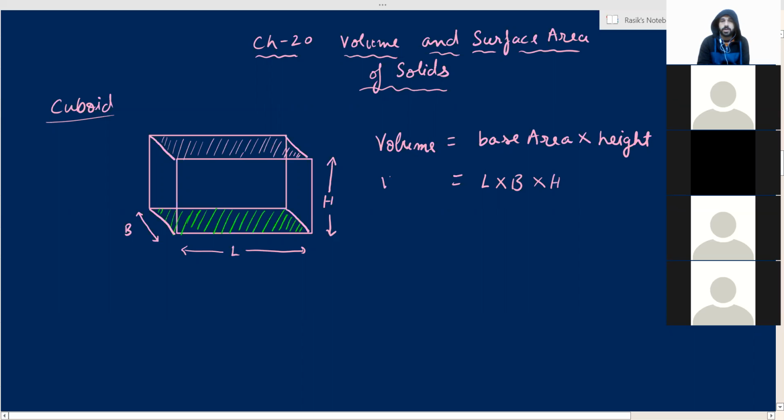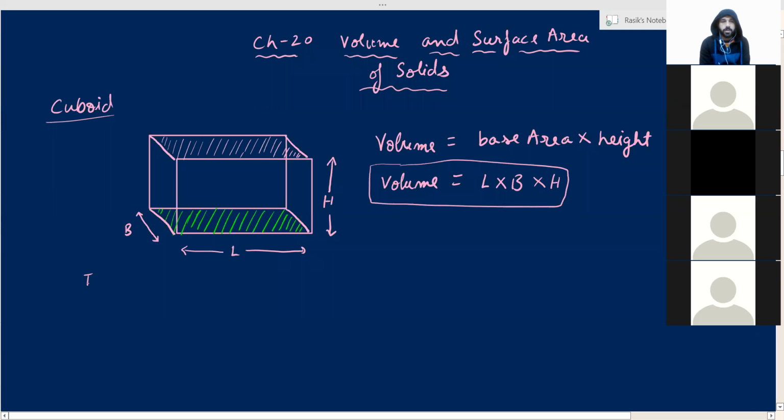So this is the formula of the volume of a cuboid. Okay. Volume of cuboid. Let's do the next one. I hope you all are writing these formulas.